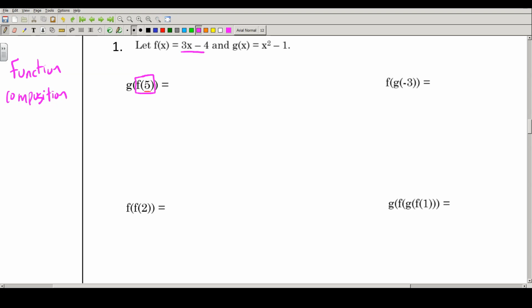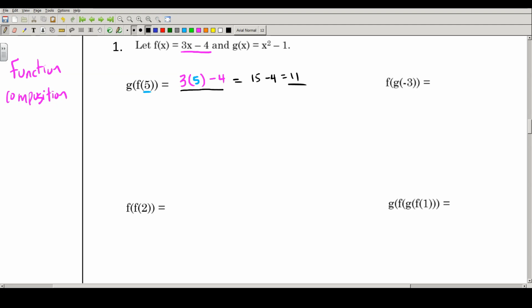So we look at our f of x, which is 3x minus 4. In this case, 5 is my x, so I'm going to plug in 5 into that function. 3 times 5 minus 4 would be 15 minus 4, or 11.